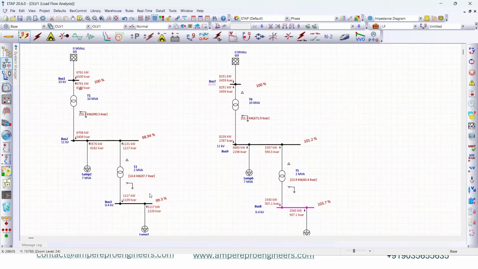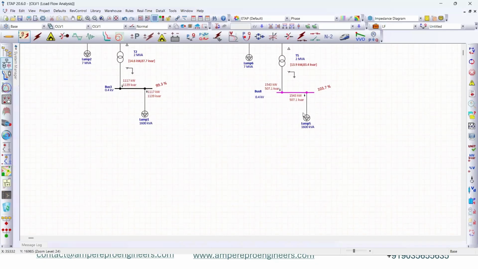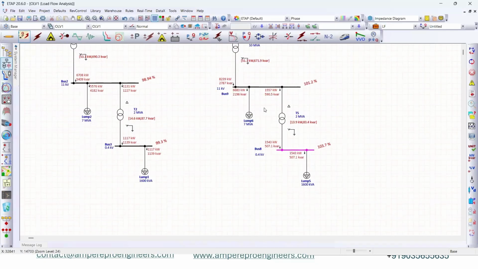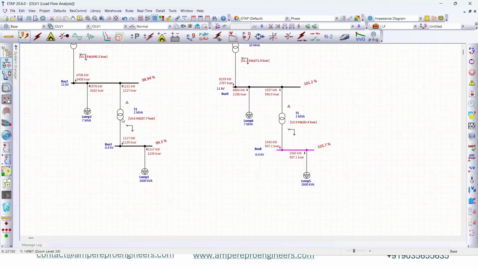We have not included some cables; I have not added cables. If you had added cables, you would see the voltage drop as well, and the voltage drop can also be minimized. This is the advantage when you are improving the power factor.